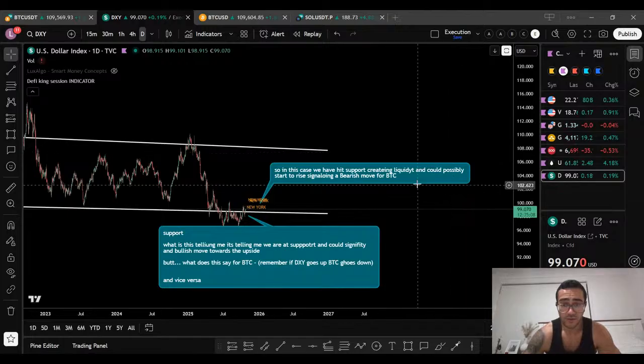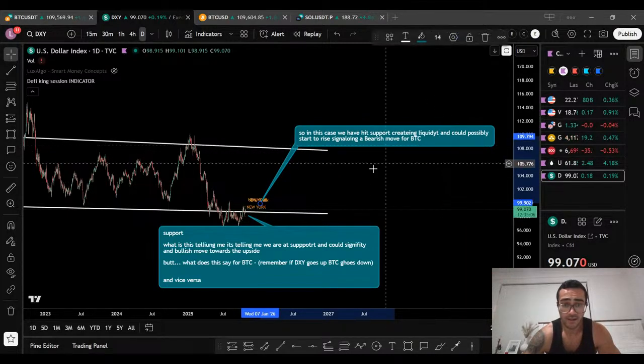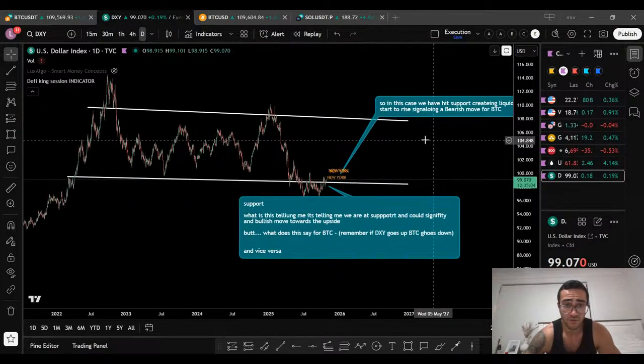So now that I'm looking at it from a larger perspective as well, we're going to drop down to the 4-hour time frame.